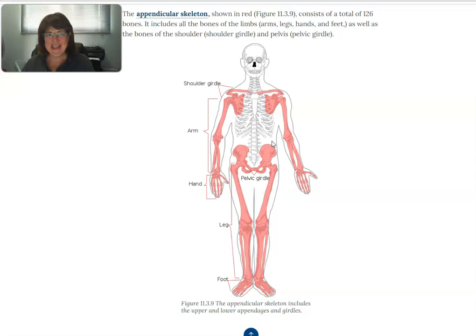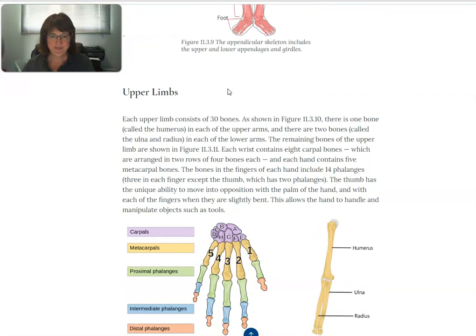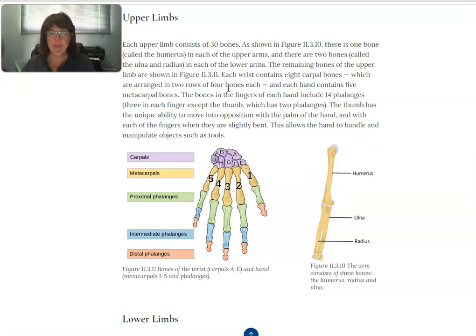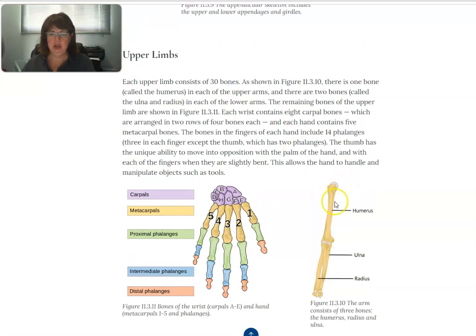Good. When we look at the appendicular skeleton, it has the appendages, the arms and legs on it, along with the girdles, the shoulder girdle and the pelvic girdle. With the upper limbs, you need to know the humerus, then there's the ulna and the radius.